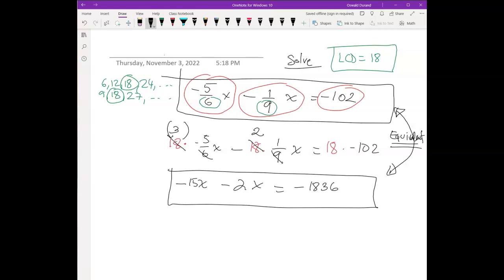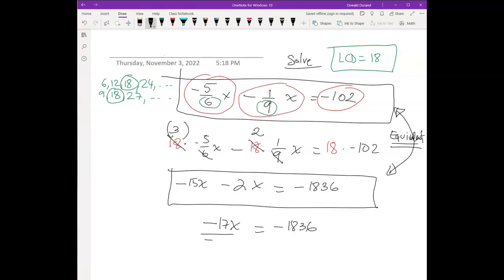Now that we know they are the same, I can simplify and solve this. I can do negative 15x minus 2x. That's negative 17x equal to negative 18.36. You already know how to do that.